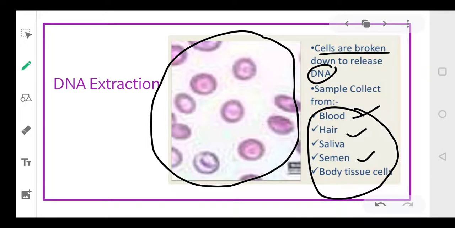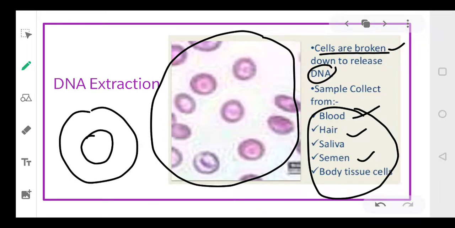We know, dear students, that the cell has a nucleus, and inside the nucleus your DNA is present. So, these cells will be broken to release the DNA. This is your first step, and it is called extraction of DNA, right? We will break the cells and obtain the DNA.